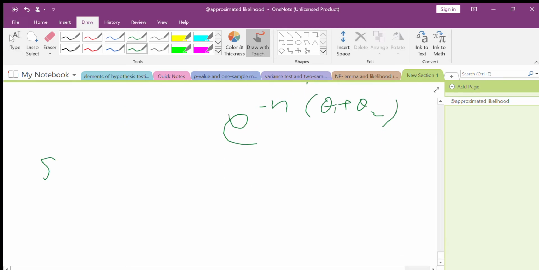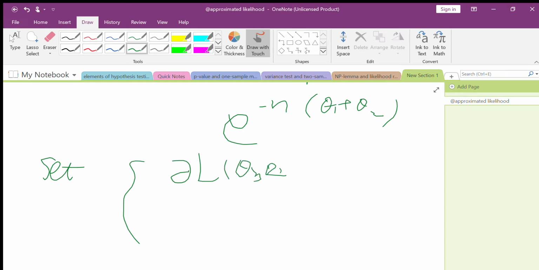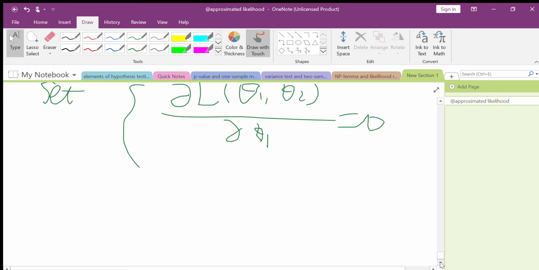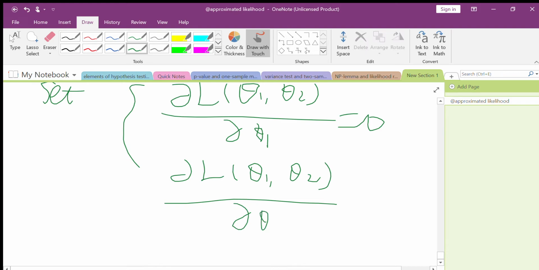And what we should do next, because we would like to find the maximum, is set the partial derivative with respect to theta 1 equal to 0, and the partial derivative with respect to theta 2 equal to 0.